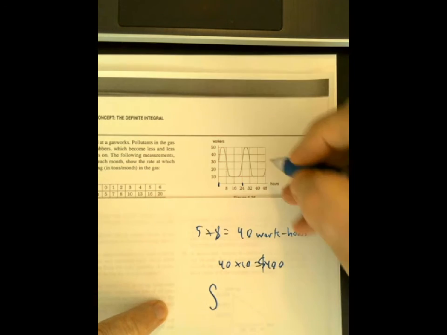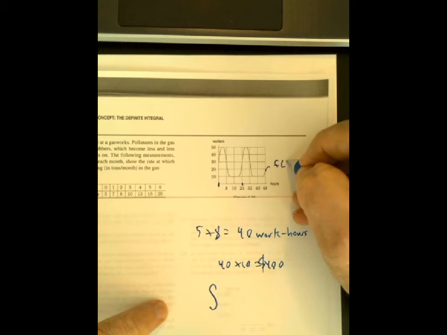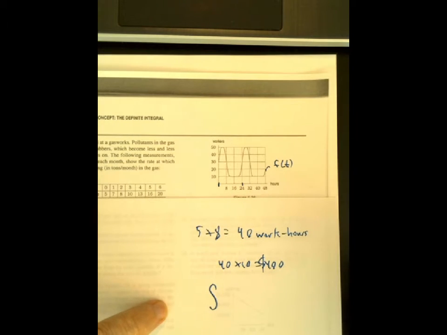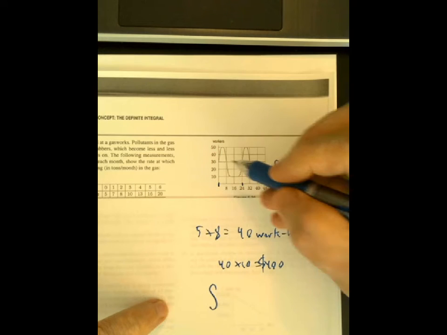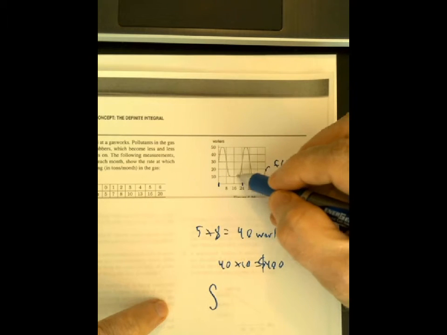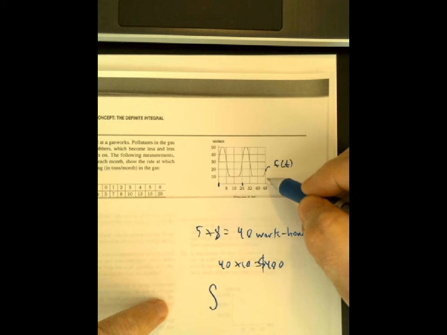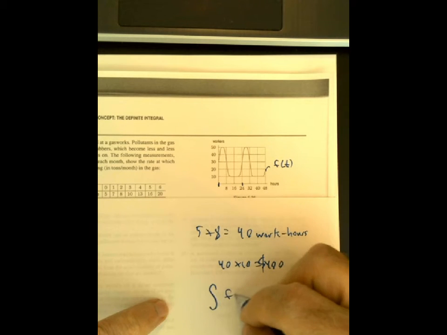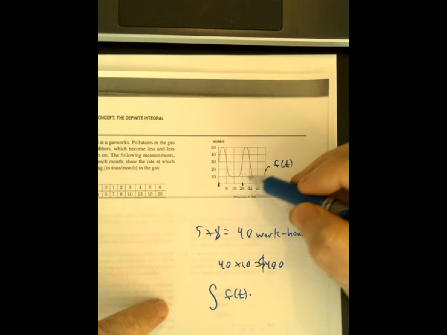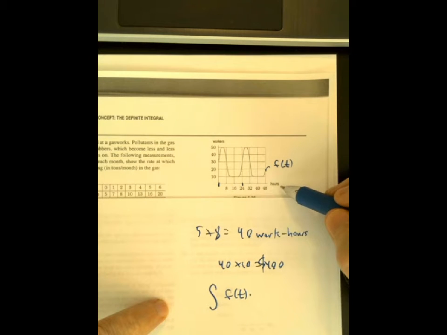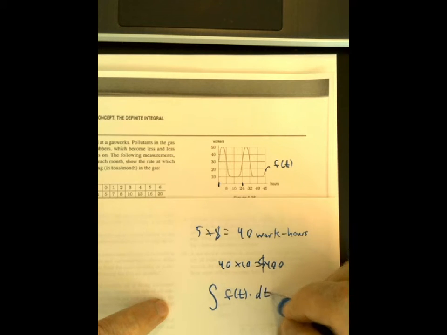Let's call this curve f of t. That curve is the number of workers there are at any given point during this time period. So that's f of t, multiplied by the number of hours, which is dt.